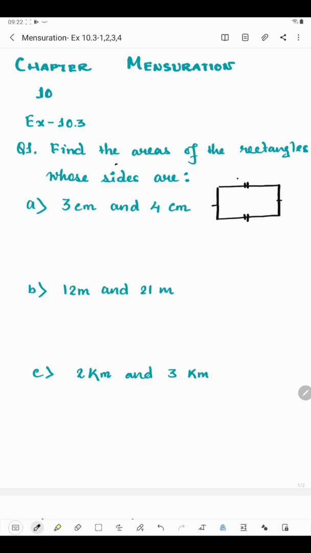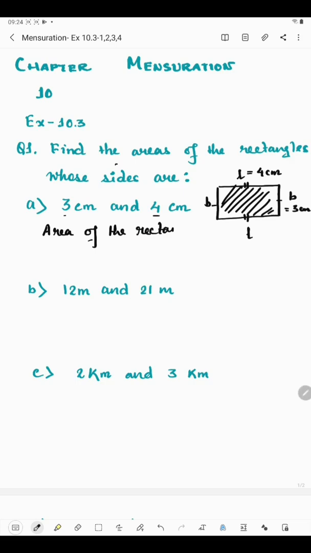Okay, so this is called length and this is the breadth. Here 4 cm is bigger than 3 cm, so length is 4 cm and breadth is 3 cm. We will have to find the area of the rectangle. So area of the rectangle is length into breadth.